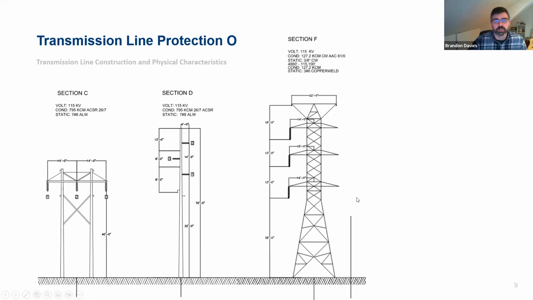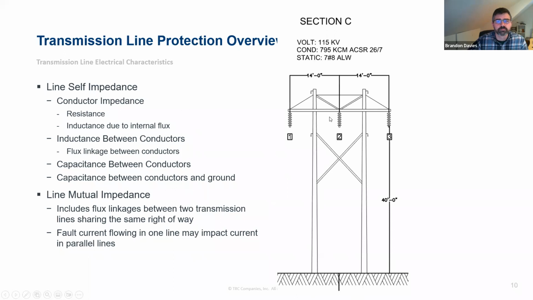It's fairly commonly used if you've got parallel lines that are following the same path for a longer distance. So that kind of explains the physical characteristics of the transmission line, the transmission structures.